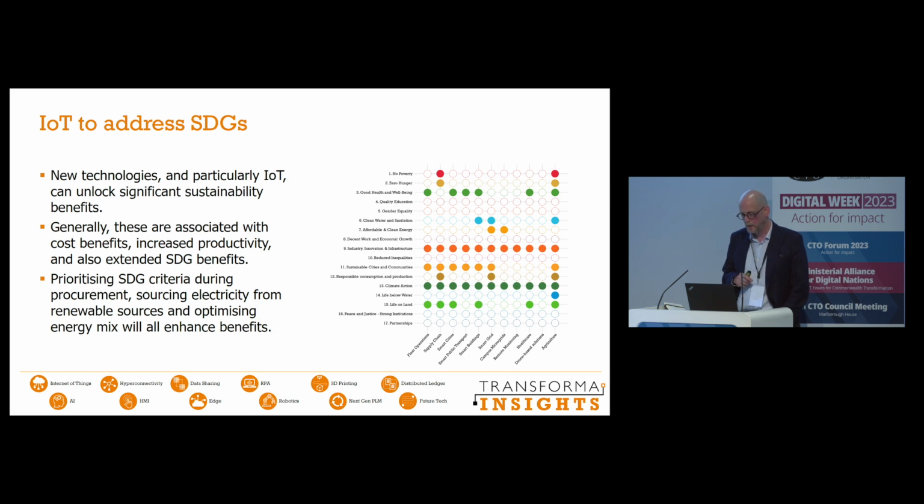You have down at number 9, most obviously, industry, innovation, and infrastructure. If these deployments are based on anything, they're based on improving the use of technology and improvement of the economy and society by use of new innovative technologies.